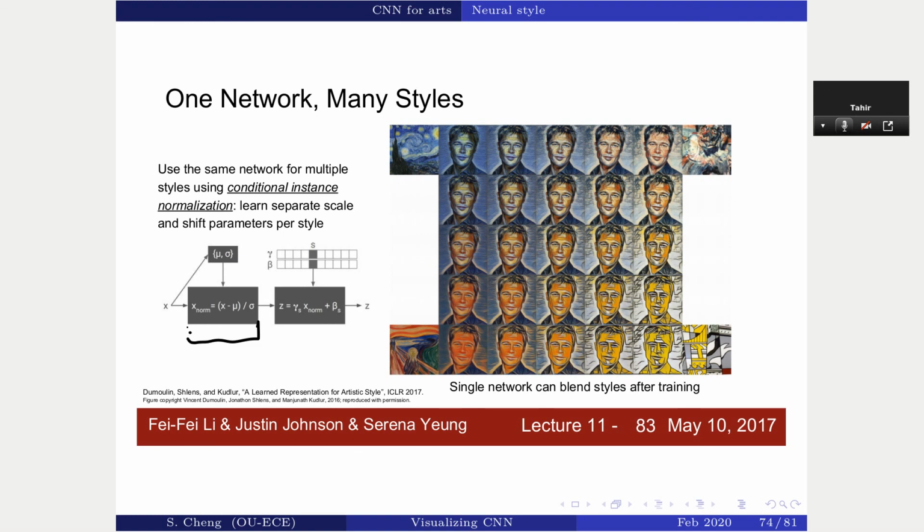You compute the mean and variance, subtract the mean and divide by the variance to make it unit variance, and then you convert it back again, right? You train this gamma and beta, which essentially can cancel your earlier operation. But what they found out is that if you change this renormalization factor, it can also change the style as well.